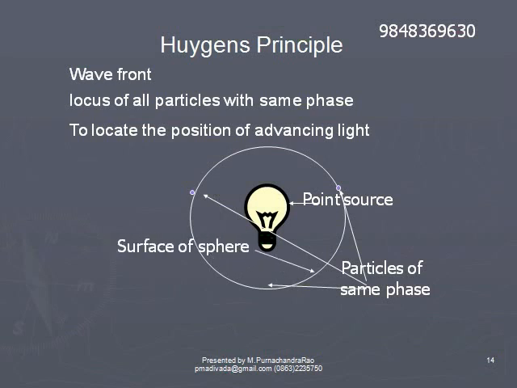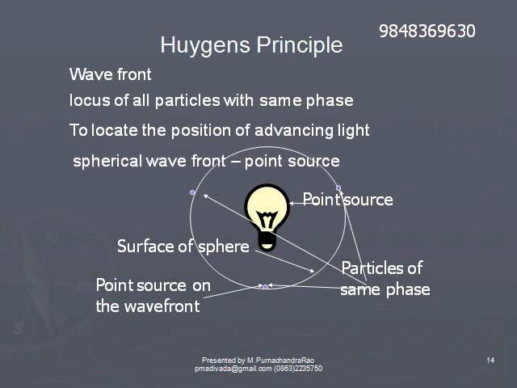Then the light waves emitted from this body all reach the surface of a sphere simultaneously. So the particles situated on the surface of the sphere will be in the same phase. Hence, the sphere is considered as the wavefront. For a point source, the wavefront is spherical.